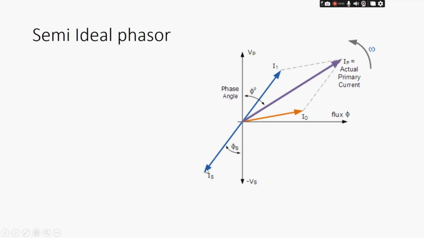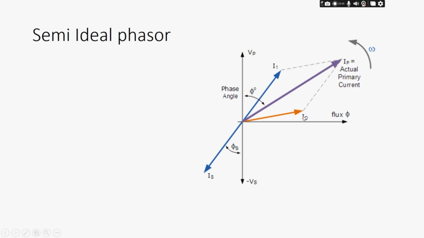This load will have a secondary value of current, and this secondary current will provide a mirror, or reflection, in the primary side based on the number of turns. We already know this formula, I1 by I2 is equal to N2 by N1. Based on that, due to this secondary current, we'll have a primary current.